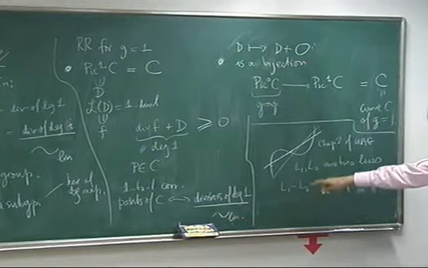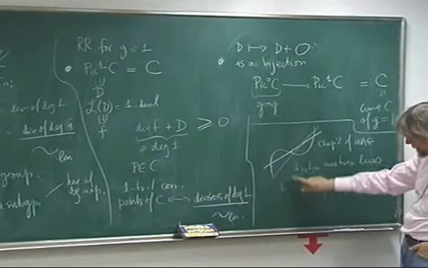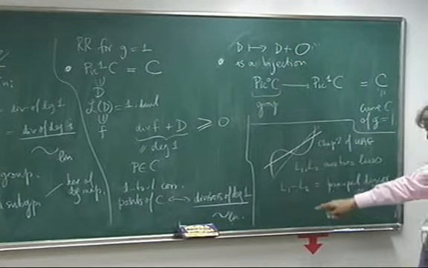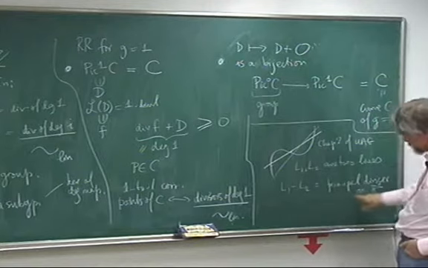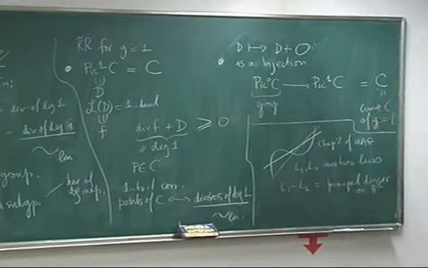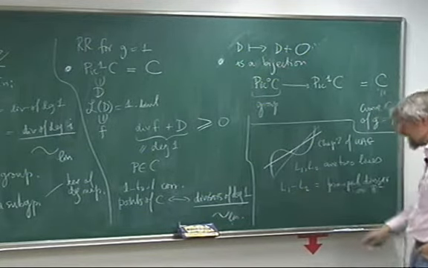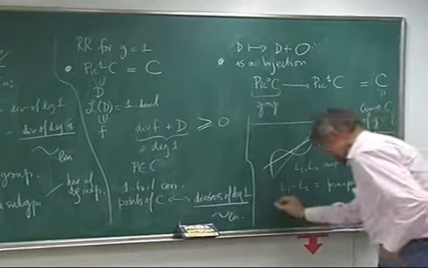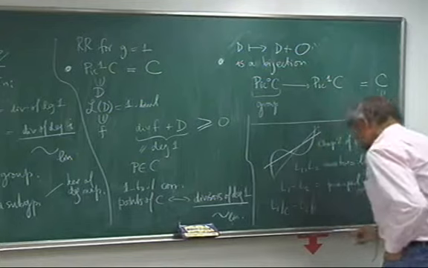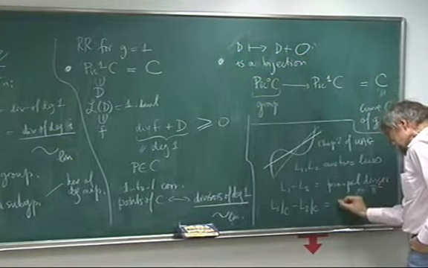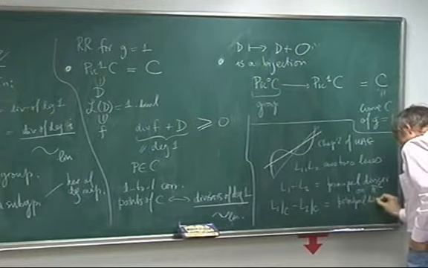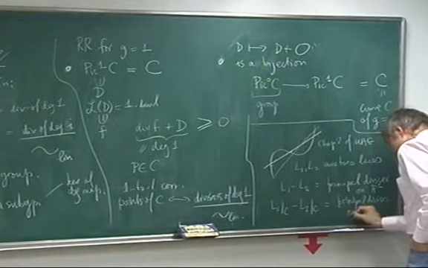It's the quotient: if I take the linear form defining L1 and the linear form defining L2 and take the quotient, this is a rational function on P2, which has a zero of order 1 along L1 and a pole of order 1 along L2. So L1 restricted to C minus L2 restricted to C is a principal divisor on C.